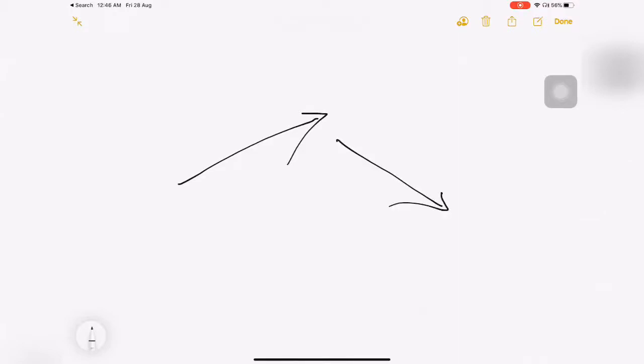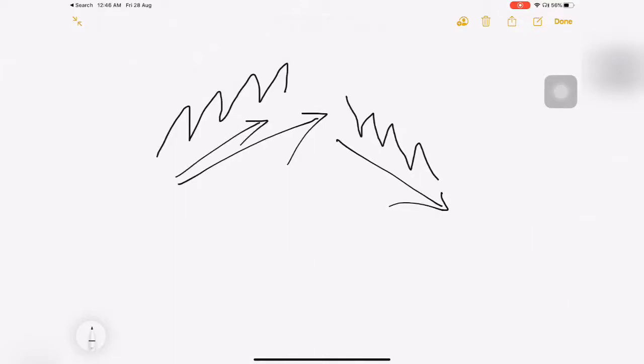It goes up in a zigzag motion, and while falling it also follows a zigzag motion. This one we will call an uptrend, this one a downtrend.